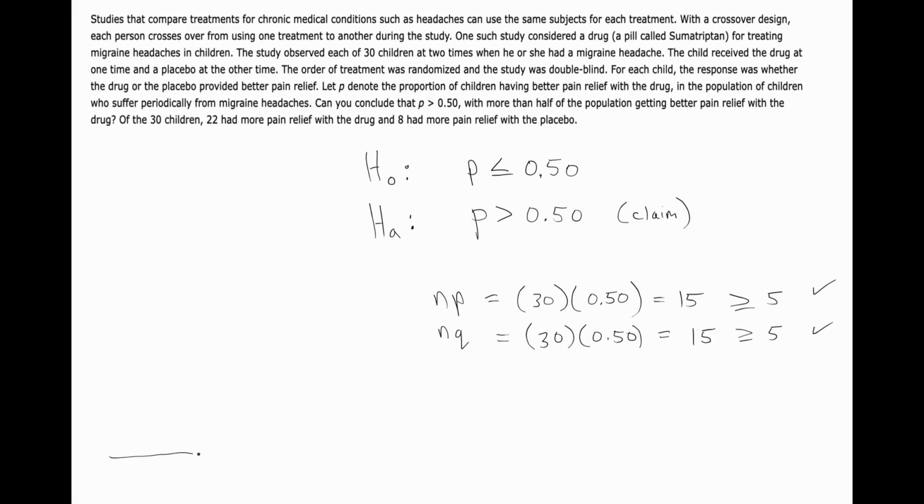Let's draw the situation. So we're going to have our rejection region here. It's a one-tailed test. I can tell that because the alternative is saying that if P is high enough, we would reject the null. As long as P is low enough, we will not reject.